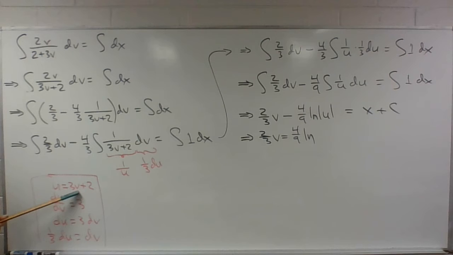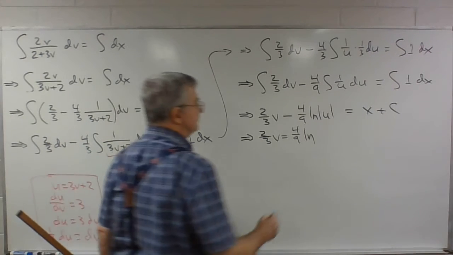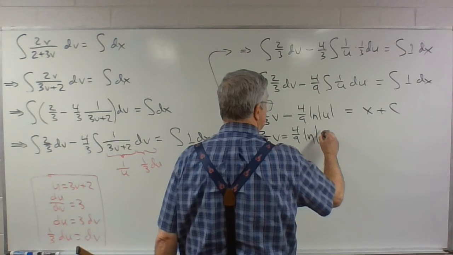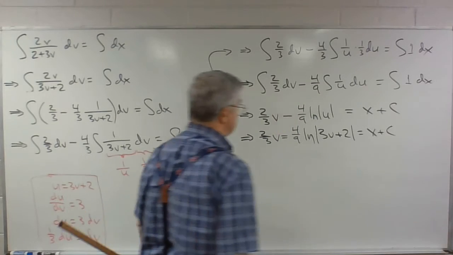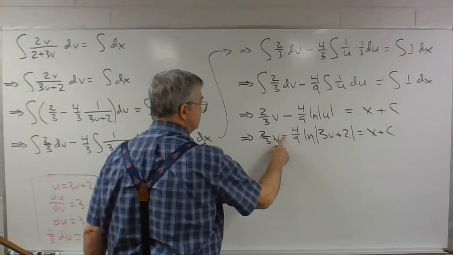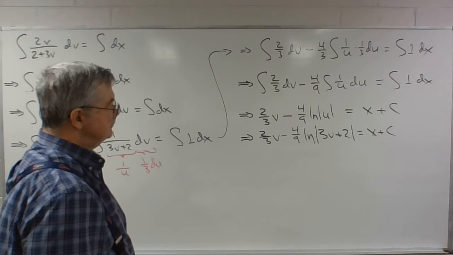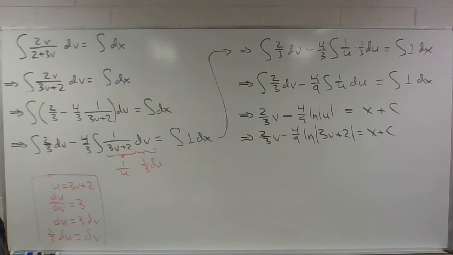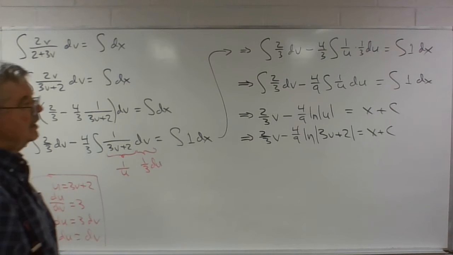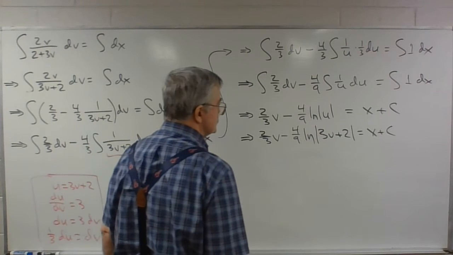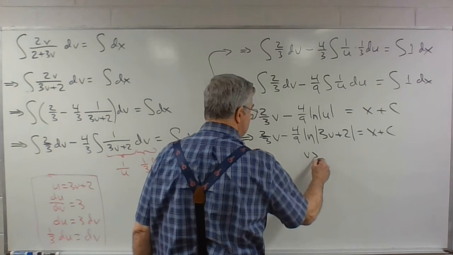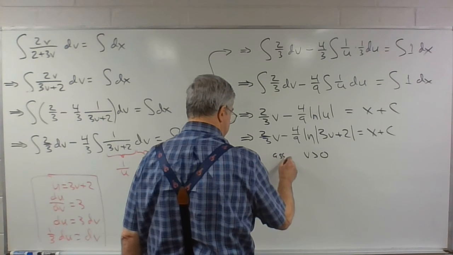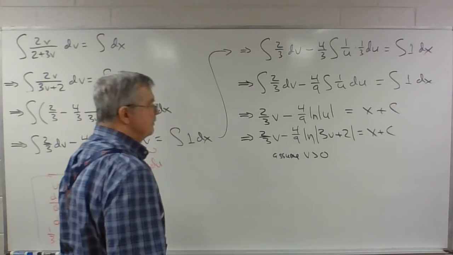U was 3v plus 2. And we will assume that v is positive, as our author frequently does.